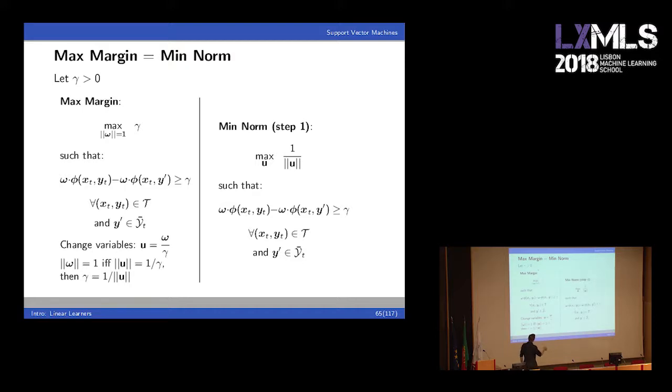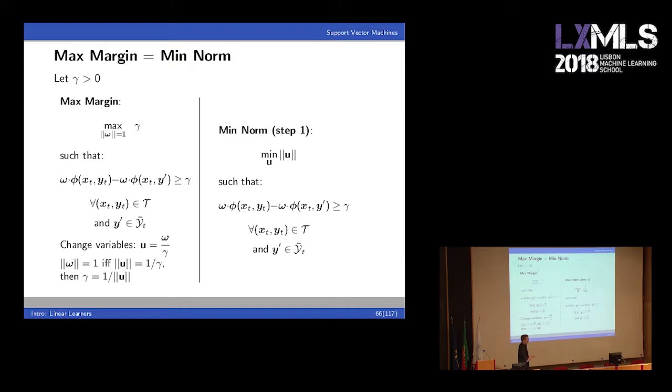The first step is, instead of maximizing gamma, we maximize 1 over the norm of U, because gamma is 1 over the norm of U. Maximizing the inverse is the same as minimizing the term itself. Then we replace W by U times gamma, and then you can see that the gamma cancels out.